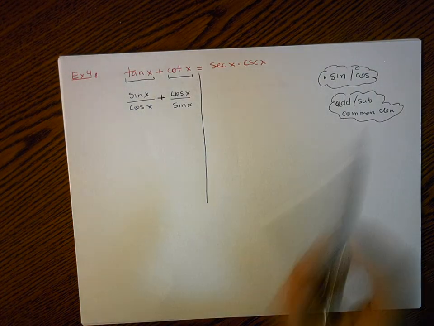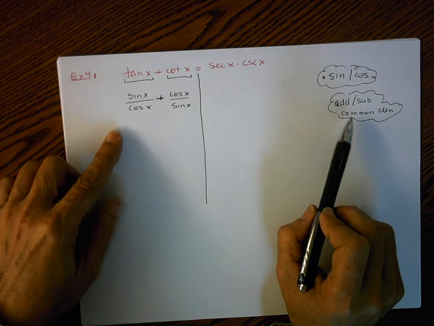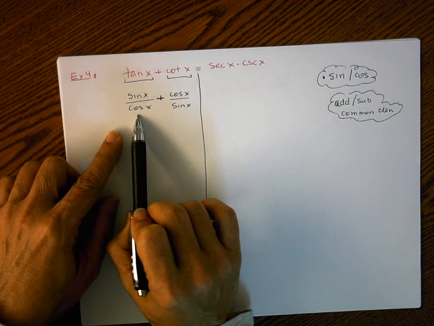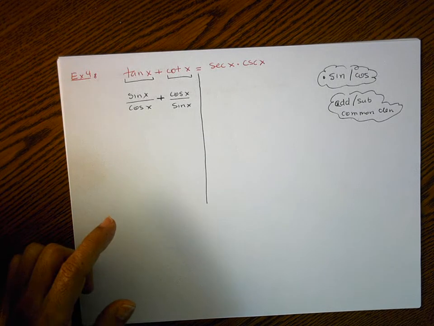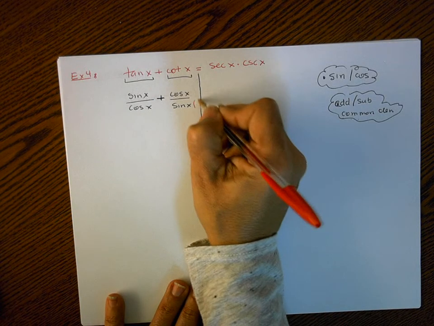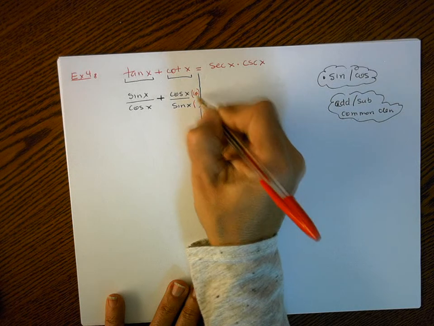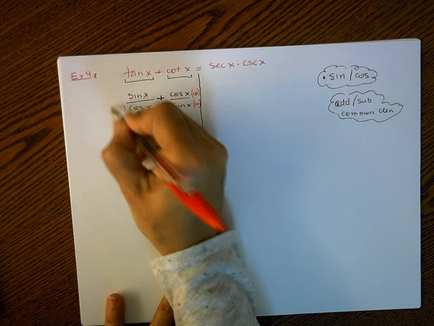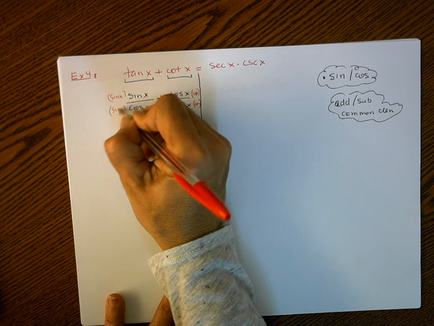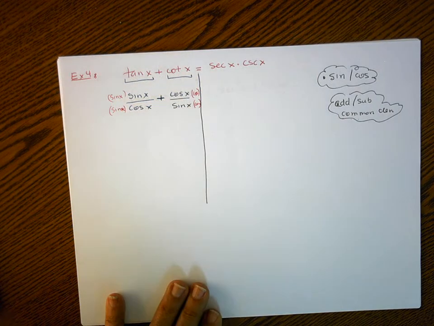So I have an addition of fractions. That's exactly what I knew in my mind here. I need to have common denominators. I cannot add this together unless I multiply both of them to make a common denominator. This side, I'm going to multiply by the cosine. But on this side, I'm going to multiply by the sine of x. Okay? So we can have common denominators. All right?